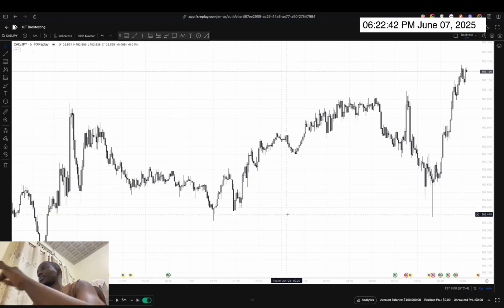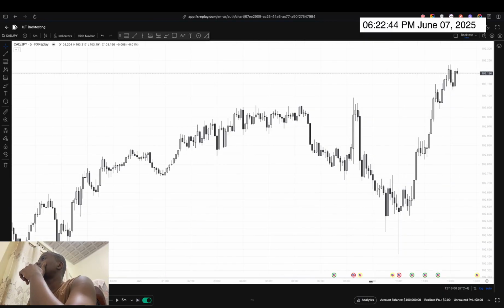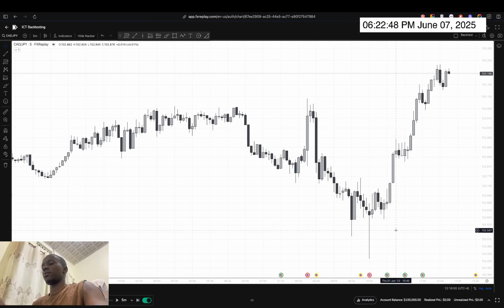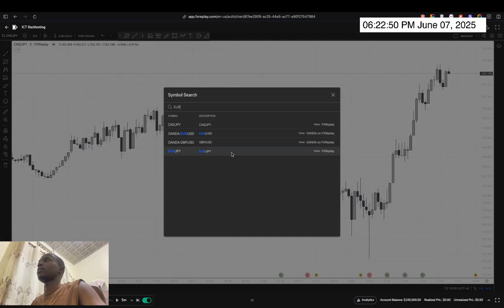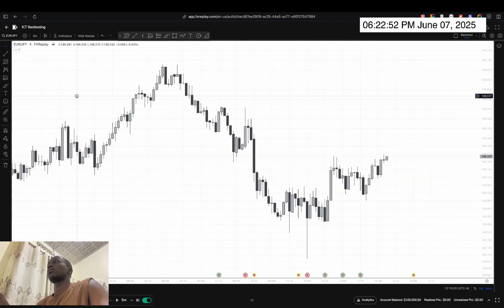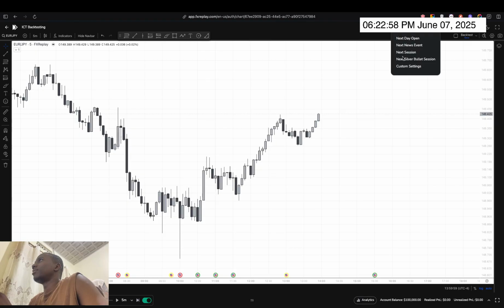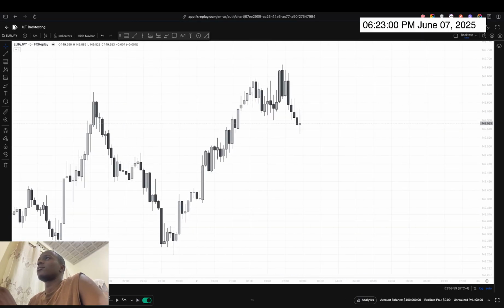Okay, good. So we're in CAD JPY. Let's look at Euro JPY. By the way, how does EU behave in the silver bullets? Let me see a small outlook on this.